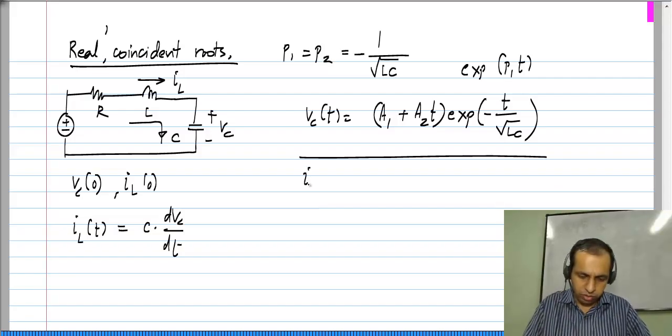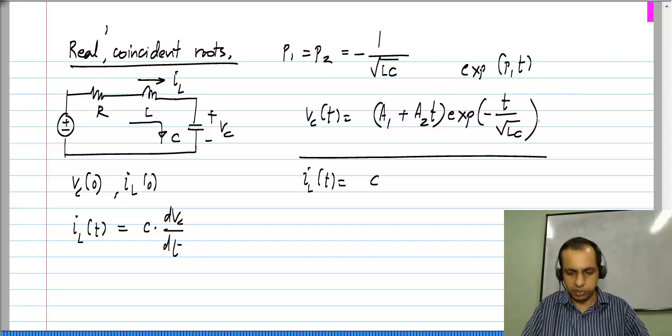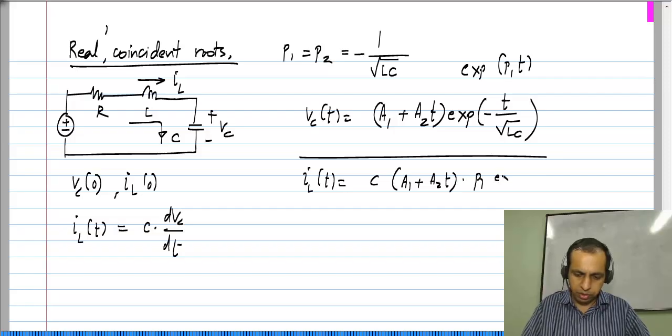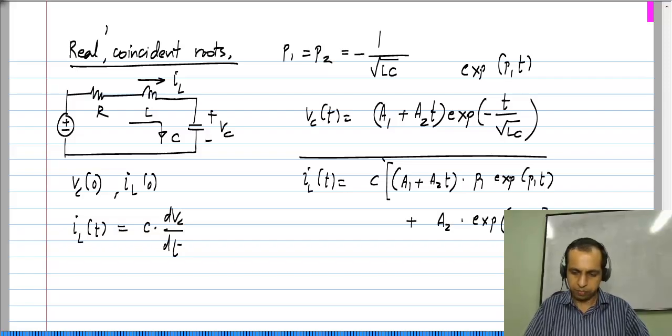IL of t will be C times the time derivative of this, which is (A1 plus A2 t) times P1 exponential P1t. This is just chain rule. First I am differentiating this part of it, plus A2 times exponential P1t.